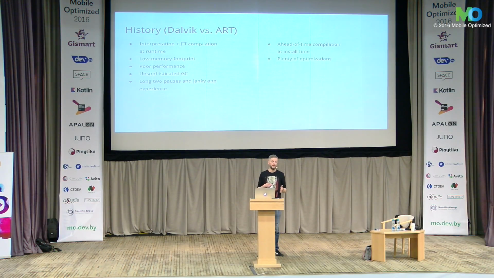Another difference with this approach, with ART, was that they could actually take the code and apply some optimizations because they were compiling your application in advance. And then, of course, performance is much better. And of course, better GC algorithms were introduced over time. Oh yeah, and another funny thing, with ART, there's only one pause.